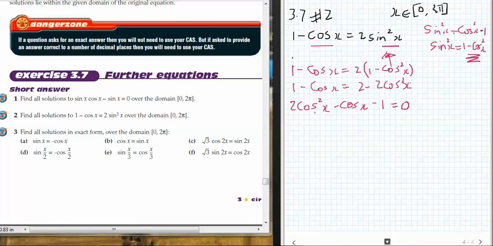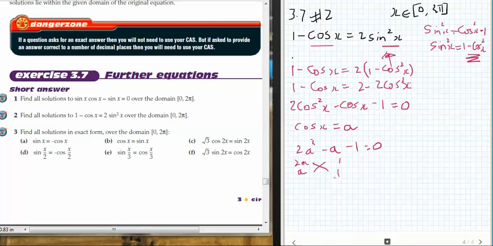Now that looks like a trinomial. Let's say I replace cos of x with the letter a. So I've got 2a squared minus a minus 1 equals 0, of which I can crisscross 2a and a, 1 and 1.